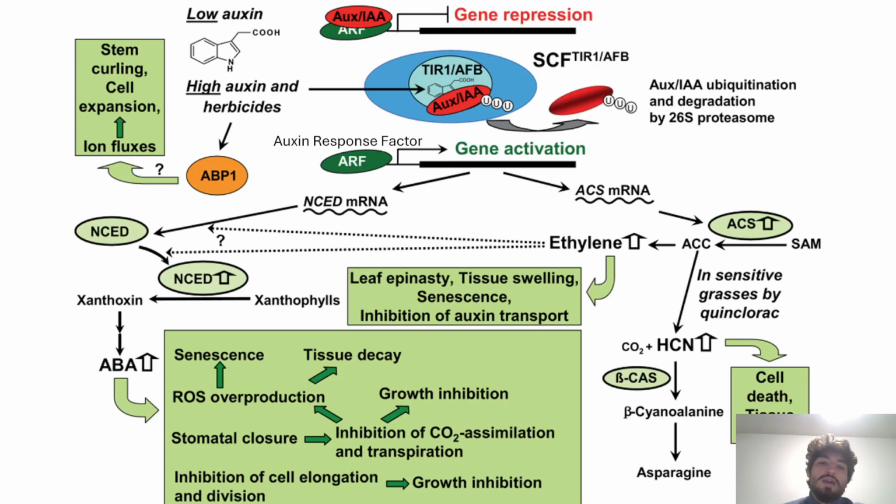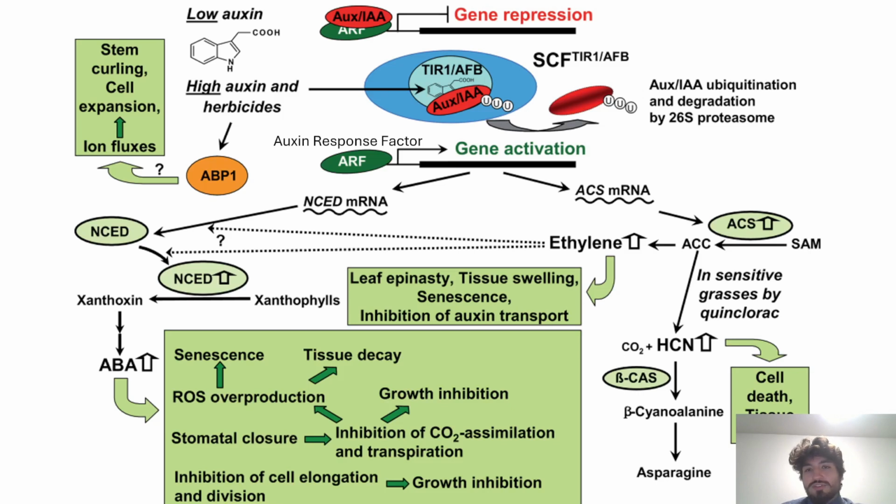And over here we have this picture about how everything works. So basically, when auxin is low inside the plant, the Aux/IAA repressor proteins bind to ARF, and then when auxin is at high levels inside the plant, they don't bind, because those proteins are degraded by the 26S proteasome, right? So once degraded, we have the ARF free to produce gene activation.